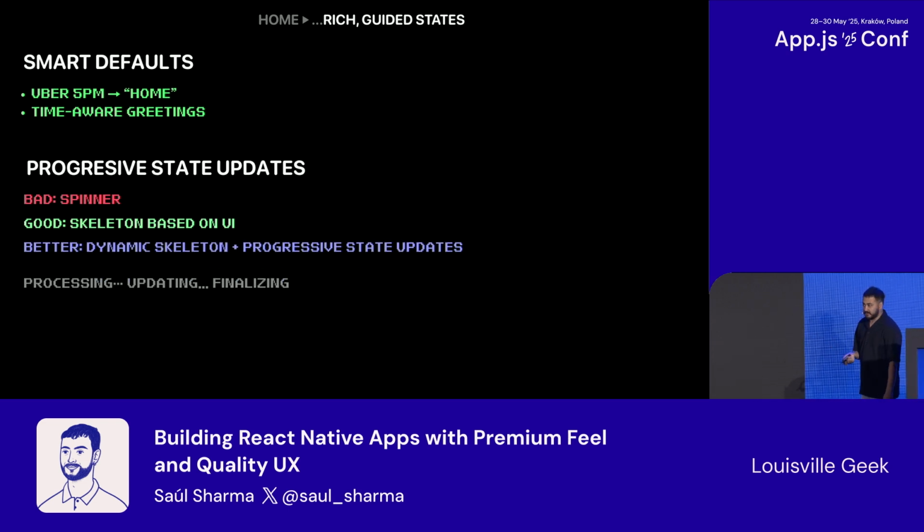The best apps have a very dynamic skeleton. As a user, we see it's a skeleton, but there are a lot of things happening. For example, if you make a post on Instagram, they have a very different dynamic skeleton and progressive updates. They can tell you when it's being uploaded. They can also tell you when it's converting, all those cool things.